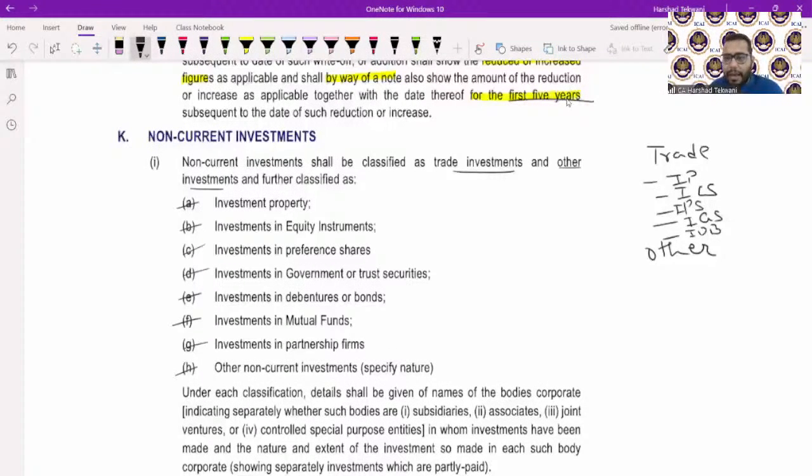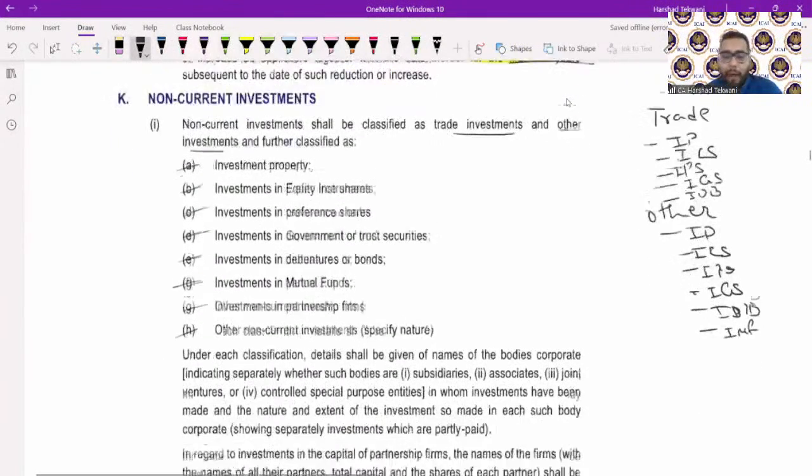And again in other investments, same, I'll repeat these items over here: equity shares, investment in preference shares, investment in government bonds, government securities, investment in debentures and bonds, then mutual funds, and partnership firms, and like this way.